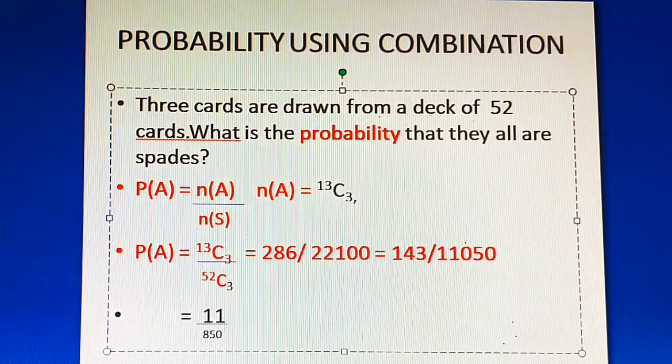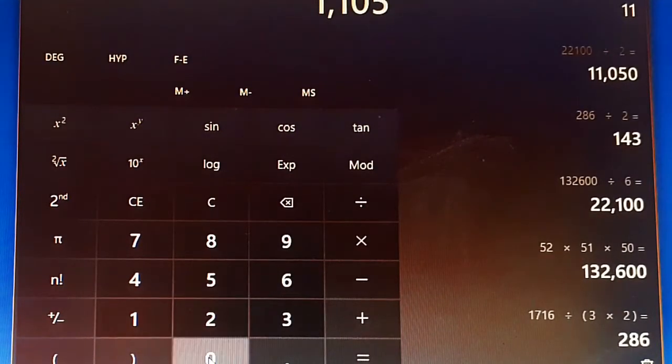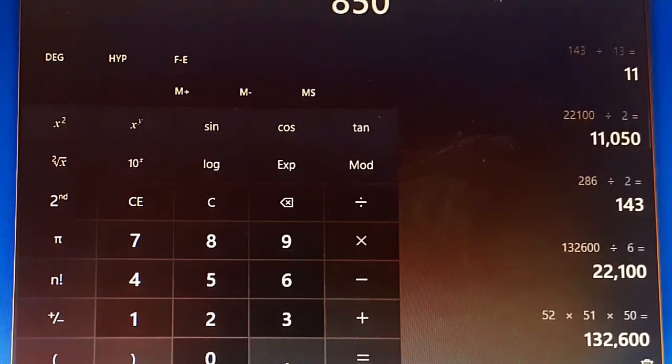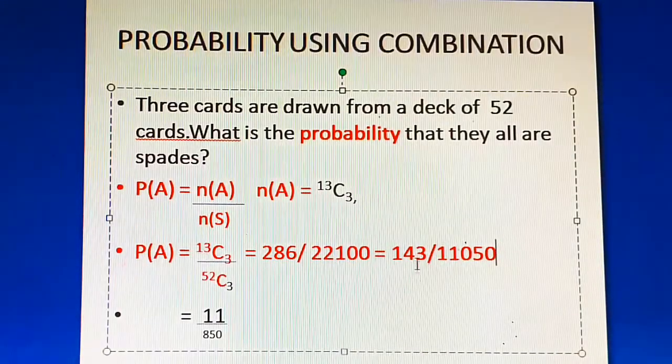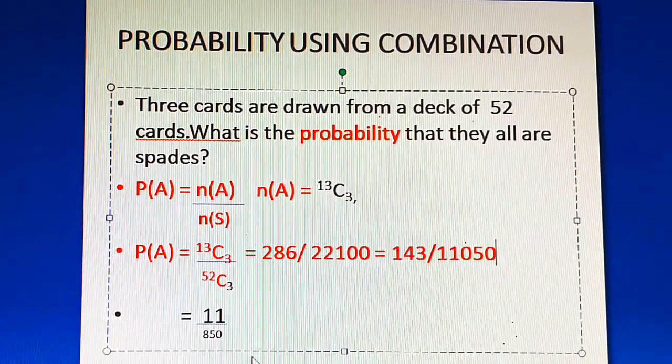Yes. 11,050, we'll see whether it is divisible by 13. 11,050 divided by 13 will give you 850. Yes. So both these numbers are divisible by 13. So the final answer is 11 by 850. You can have a look. So this is the probability of selecting all 3 cards as spades.